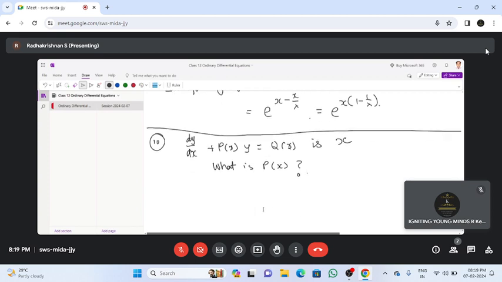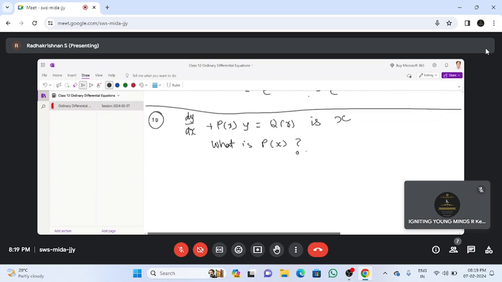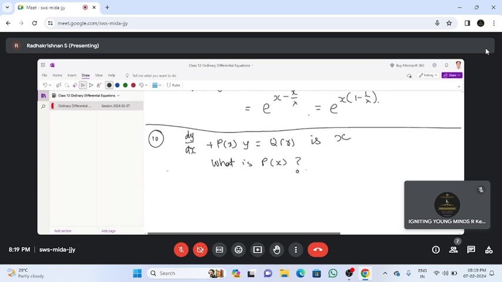Okay, so based on whatever we have discussed, the IF of this equation is x. So we know the formula for IF. So put that formula, match it with x, and try to find out p of x. I'll give you a couple of minutes.